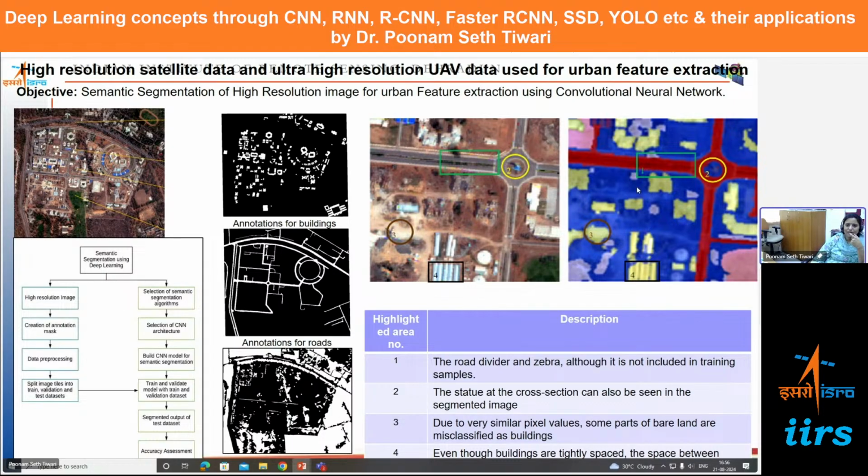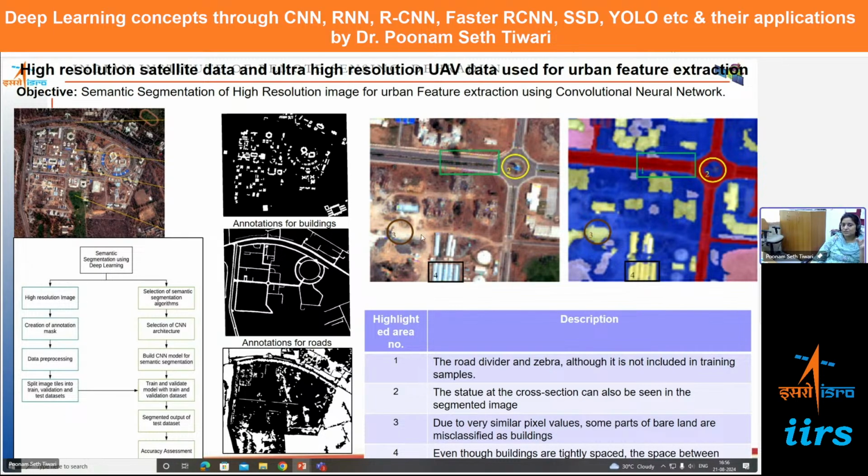We have not trained our model for this particular feature, but still it has differentiated the road from the divider. Second, you can see in the circle on the crossroad there is a statue placed. That also was not trained, but it is able to identify it.